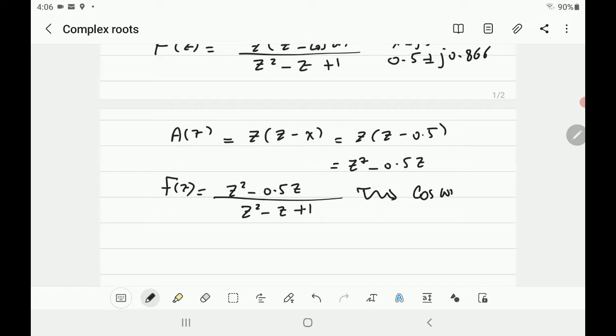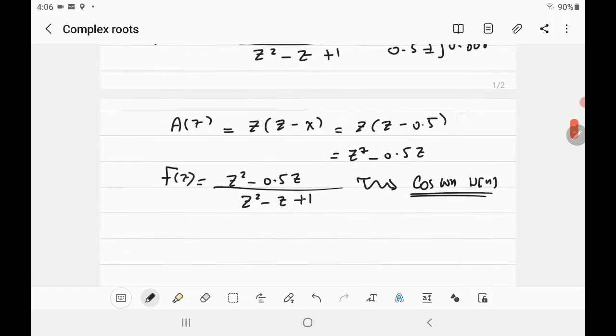Just write cosine omega n multiplied by the step function. This is cosine. If you want to find omega, it's very simple. Omega is equal to tan inverse of y over x, which is tan inverse of 0.866 over 0.5.